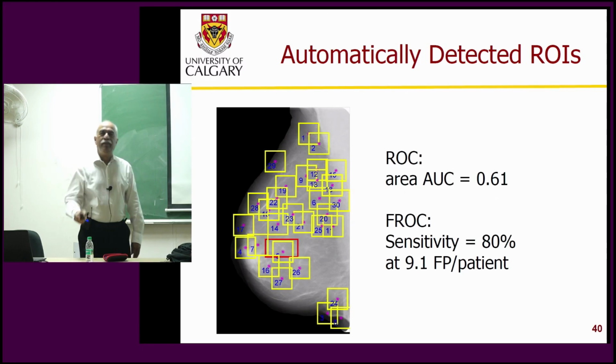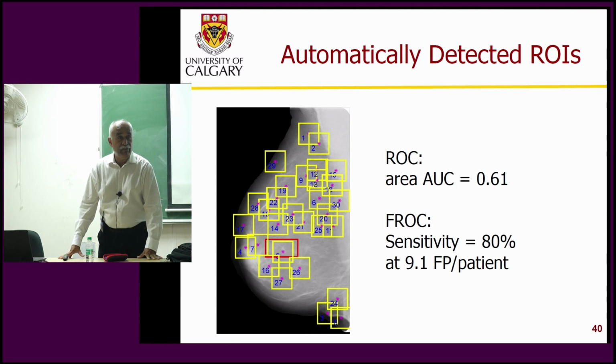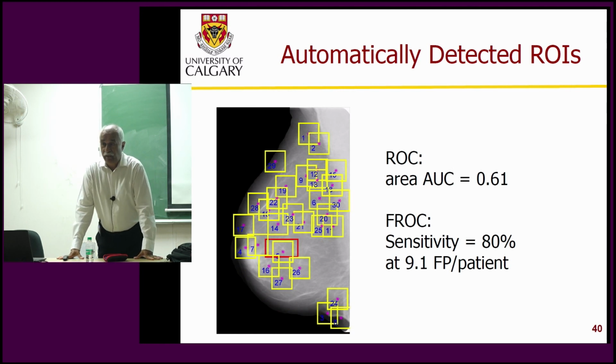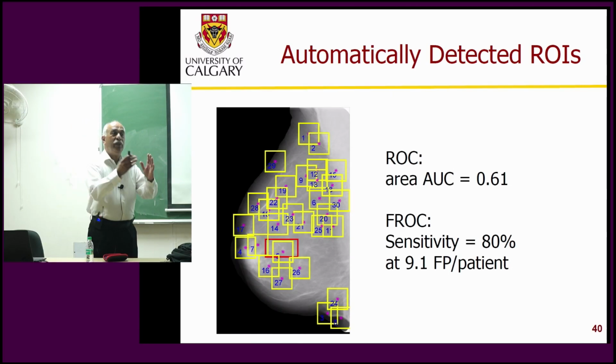Many of the features, if you were to look at them individually, give you no more than 0.6, 0.65 area under the ROC curve in many of our pattern classification experiments. So individually, one feature will not give you 0.8 or 0.9. If you get 0.7, you are lucky. That's a good feature. So you have to put many of them together.